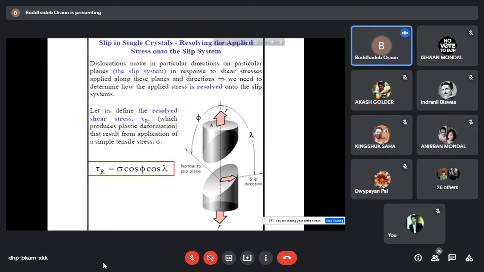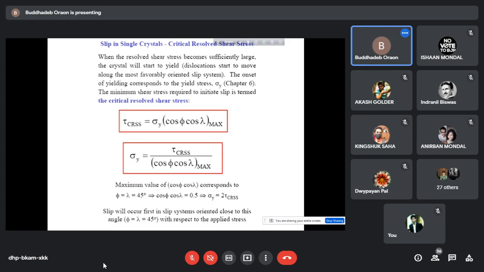So this is the swing diagram for the same concept that has been discussed here. Here is the relationship of tau_CRSS and sigma yield point. What happens is that yielding in a material will take place when this particular denominator, cos phi cos lambda, is maximum, so that sigma_Y will be minimum.